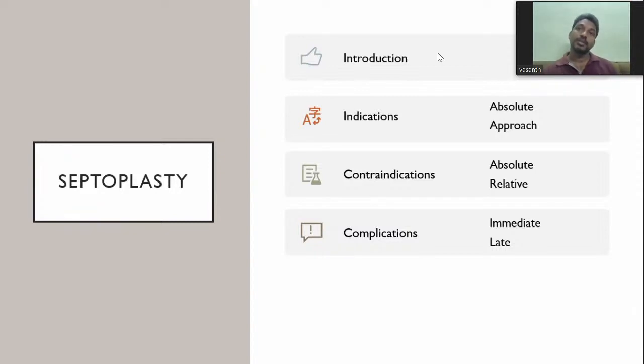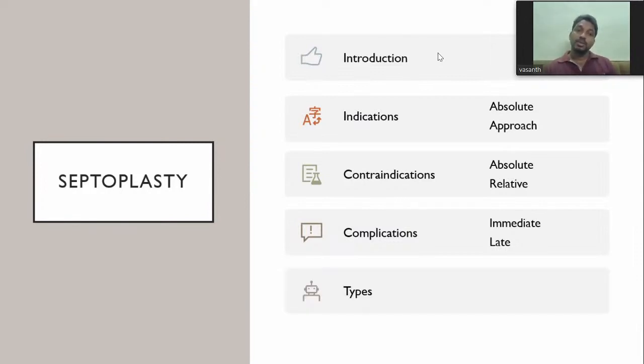What are the late complications due to the healing process? It can again be bleeding, due to reactionary bleeding. It can be due to any infections, okay, or due to the healing process. There can be synechiae formation, or there can be septal perforation, or saddle nose deformity due to inappropriate removal of the cartilage, okay, or tip ptosis, due to improper cartilage removal.